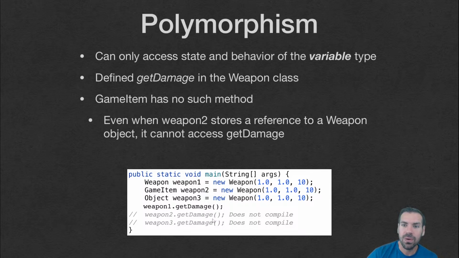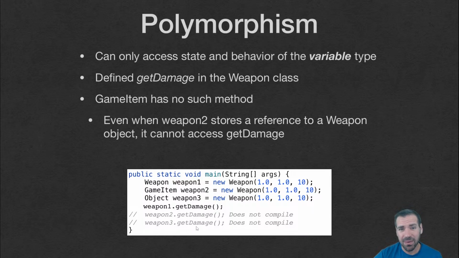Even though this game item variable weapon 2 stores a reference to a weapon object which does in fact have a get damage method that's ready to be called, I can no longer access it, because I stored my weapon in a variable type game item, and game item does not know about the get damage method. Therefore, can't call this. Same with object. Object doesn't know about get damage, so I can't make this call.